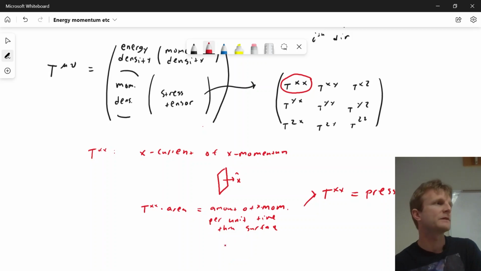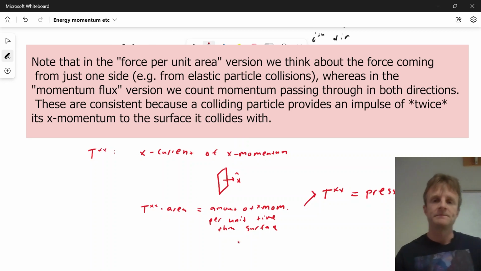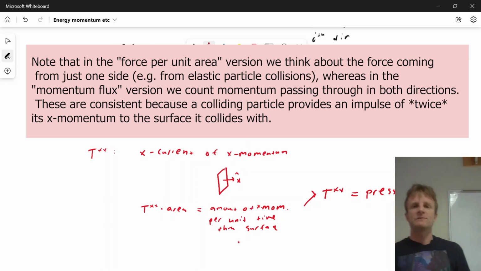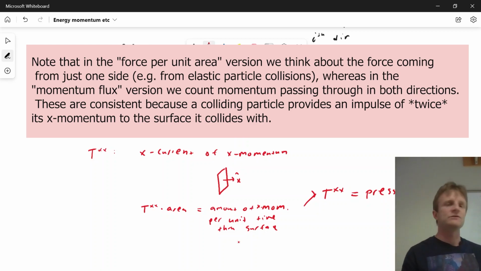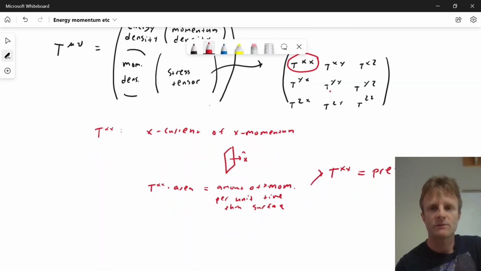If you think of force as dp dt, change in momentum, this is like dp dt. But we want to think of force as more of an emergent thing. We want to just talk about energy and momentum. Okay, so that's why that's pressure, and Tyy would also be pressure, and Tzz would also be pressure.